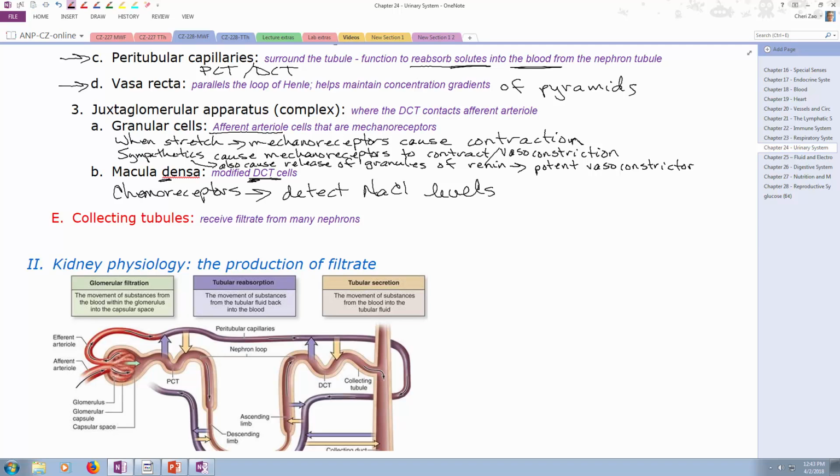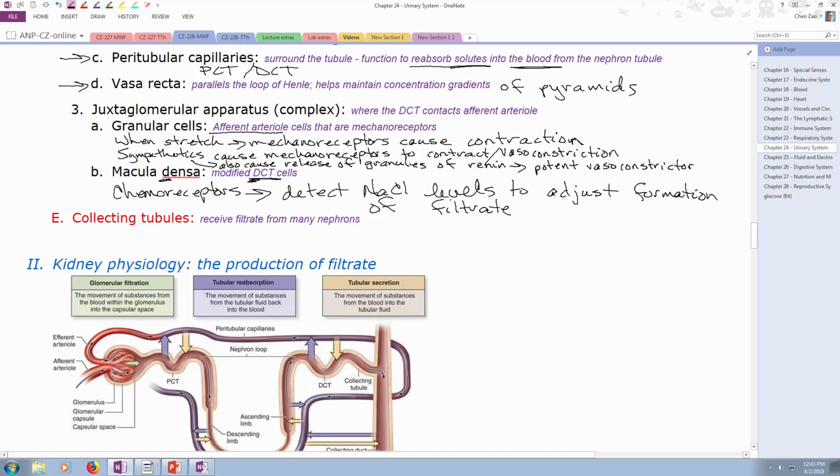So all I want you to know is, I don't want you to know which way things go, I just want you to know they're chemoreceptors and they measure sodium chloride levels to adjust formation of filtrate. And I hope that you can realize when you increase flow to the kidney, you will increase the formation of filtrate. When you decrease blood flow to the kidney, you will decrease the formation of filtrate. So blood flow is very important in formation of filtrate.